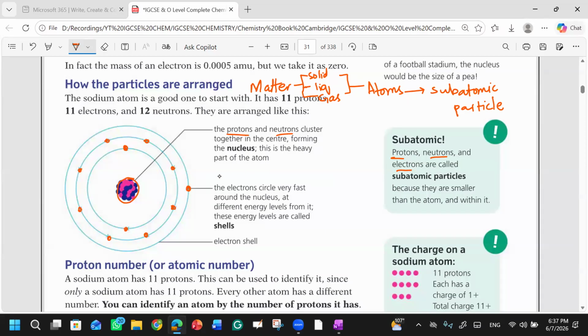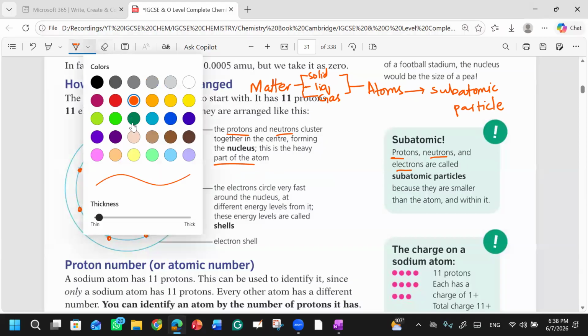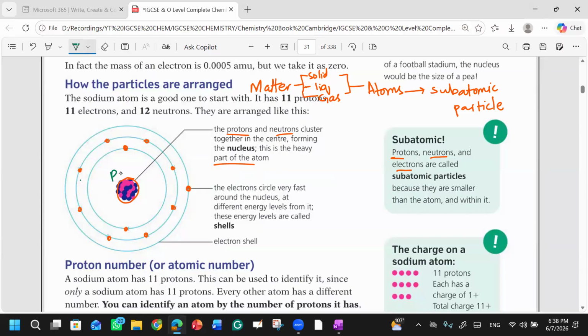So the protons and neutrons cluster together in the center and form the nucleus. This is the heavy part of the atom. Clear? In the center you have the nucleus, and in the nucleus you have protons as well as neutrons. Now can you tell me what will be the charge on the nucleus?